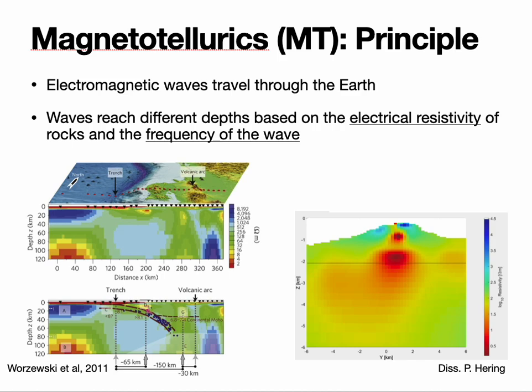Also, the method is driven by electromagnetic waves that travel through the Earth. These waves reach different depths based on the electrical resistivity of the rocks and on the frequency of the wave. To illustrate that, you have examples of two different MT studies. One is applied to a volcanic system.